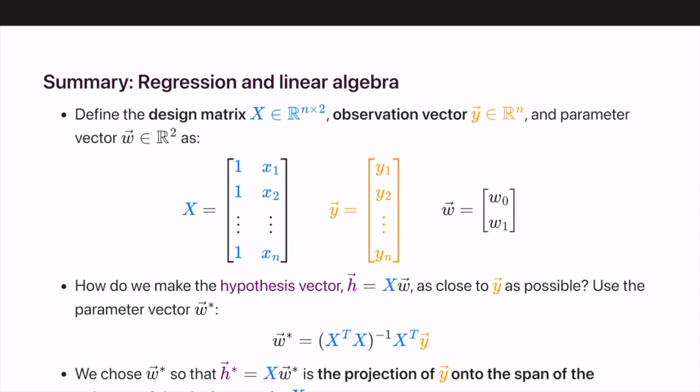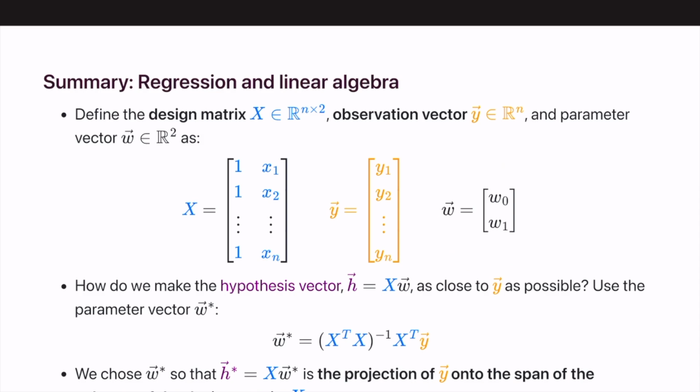If our goal is to find predictions that are really good, then the best hypothesis vector, in this case, would be the H star vector. We want to use the best parameter vector, the W star vector, to get as close to y as possible, our observation vector. And those best projections come from projecting the y vector onto the span of the columns of x.